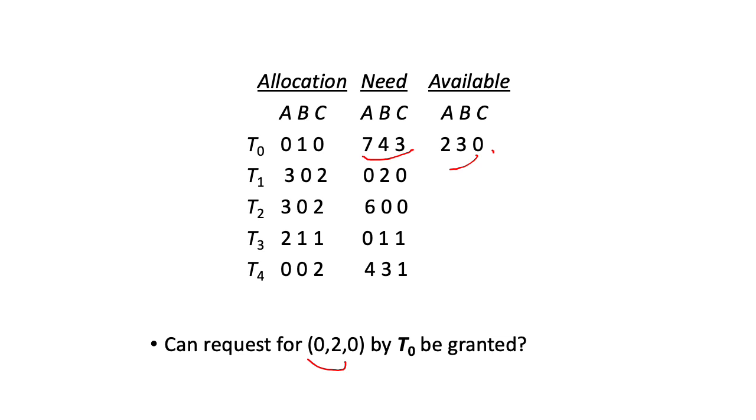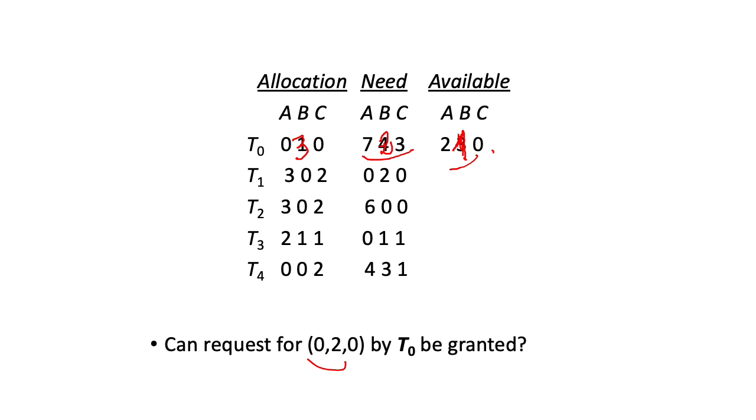So we're going to update the current allocation to be 0, 3, and 0. And then the need will be 7, 2, 3, right? And then the current available will be 2, 1, 0. Okay, and then we will try to apply the safety algorithm to determine if we will end up in a safe state.